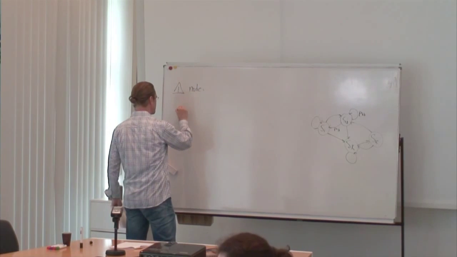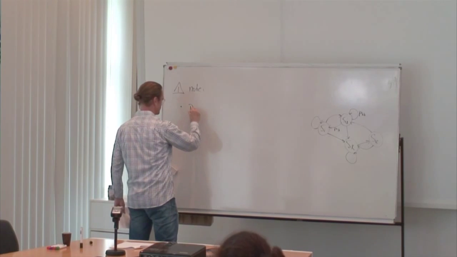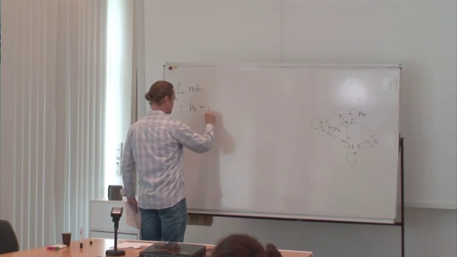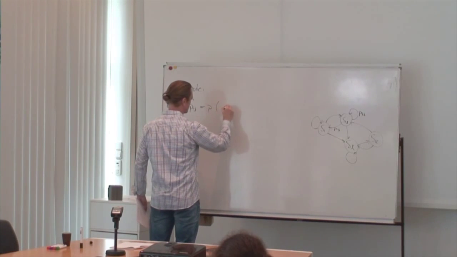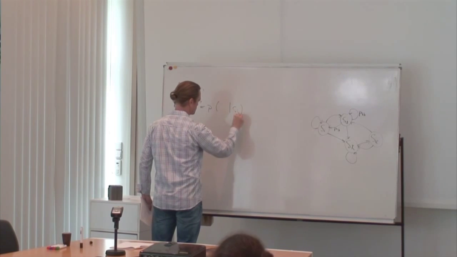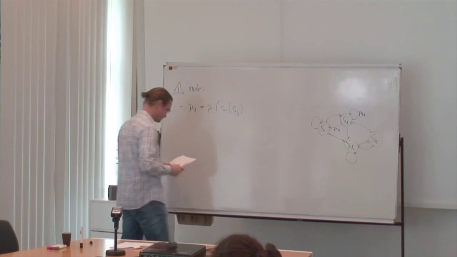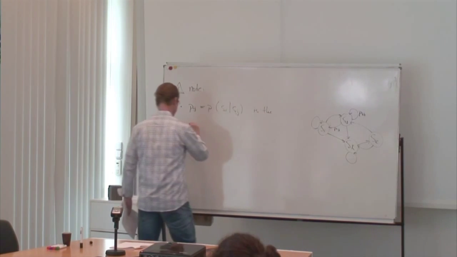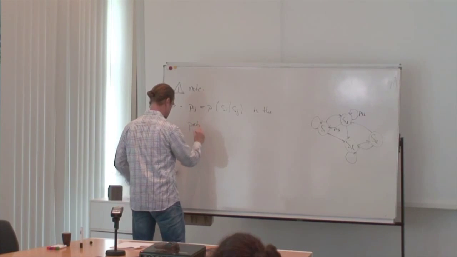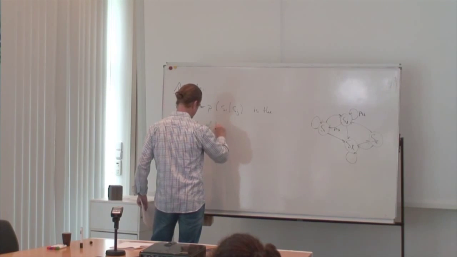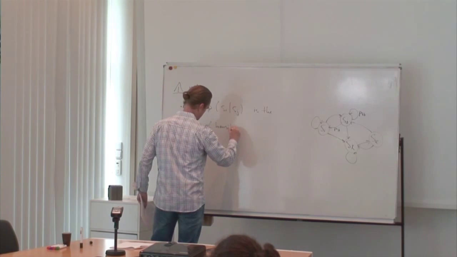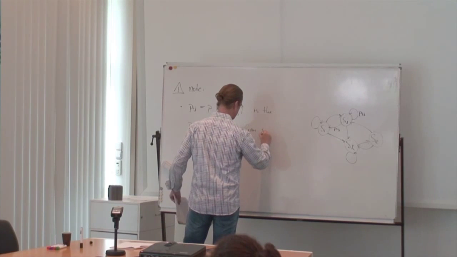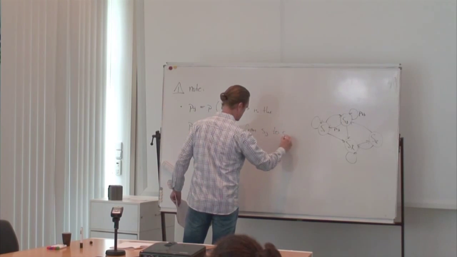Note, when I write Pij, then I am referring to the probability of transiting from state J to state I. So this is the probability of transition from Sj to Si.